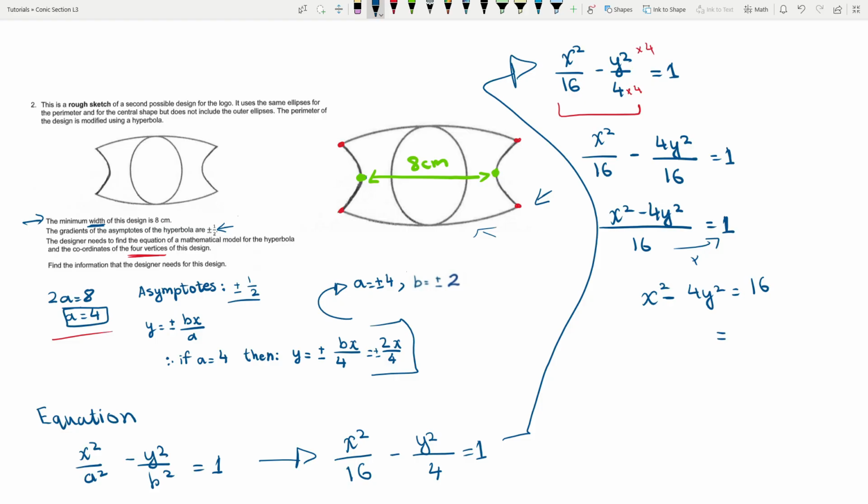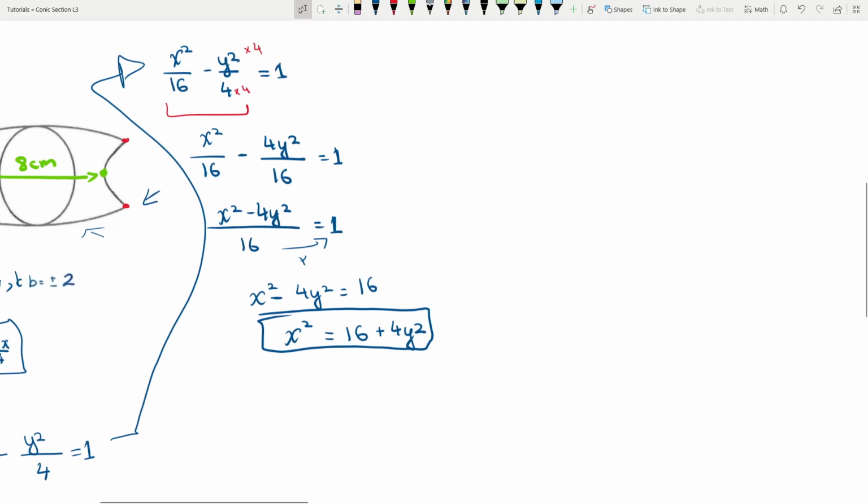And then we can bring everything except x squared to the other side. So 16 plus 4y squared. And this is what we're going to substitute into the big ellipse equation. So x squared equals 16 plus 4y squared.